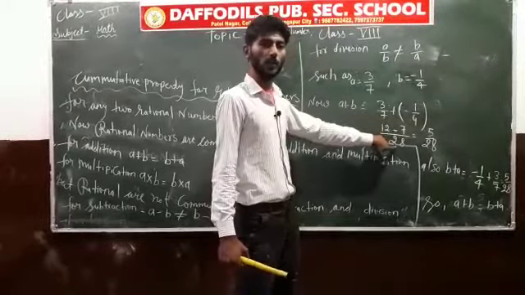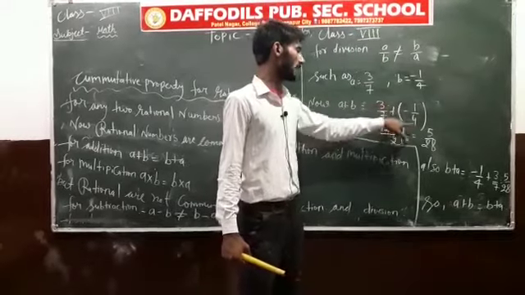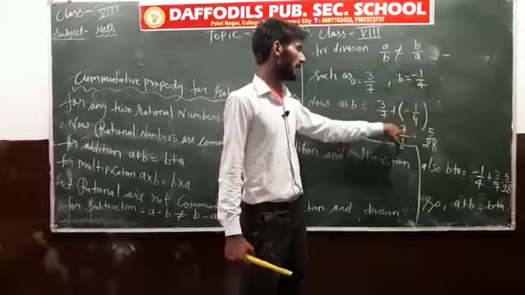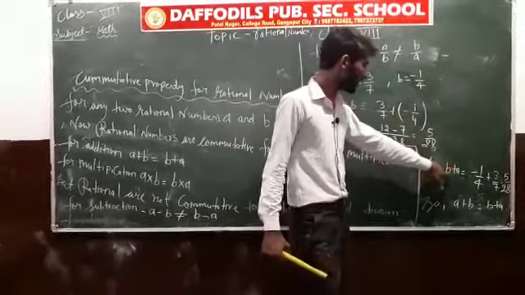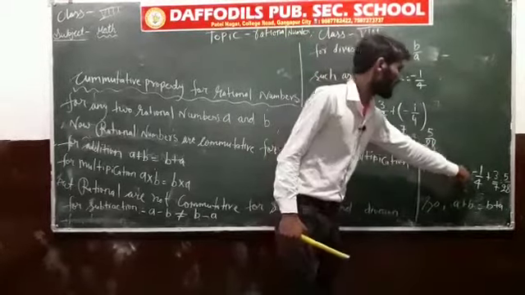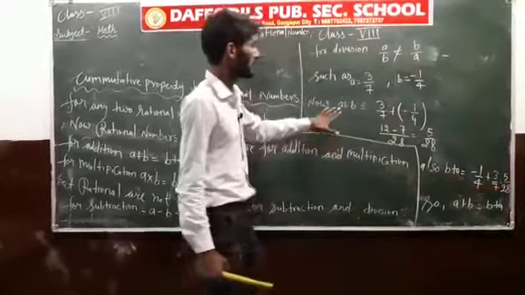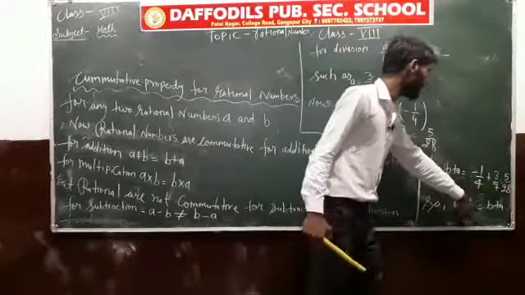Divide 28 by 7 to get 4, multiply by 3 to get 12; divide 28 by 4 to get 7, multiply by -1 to get -7. So it's 5/28. And now you get b + a = -1/4 + 3/7 = 5/28. So you can see here a + b is equal to b + a.